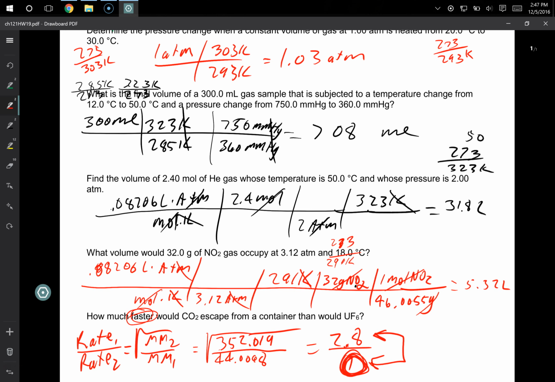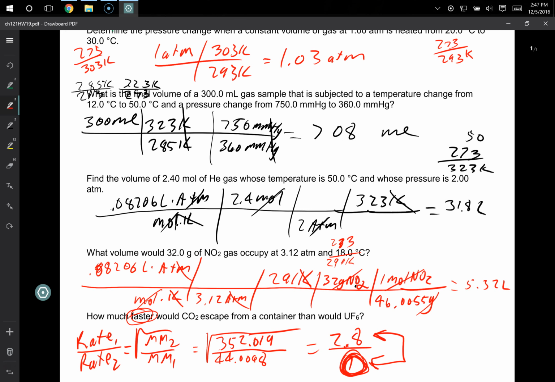So if my uranium hexafluoride is moving at 200 miles an hour, how fast is my carbon dioxide moving? 480? That sounds right. 560.